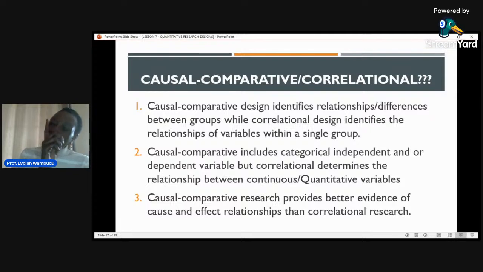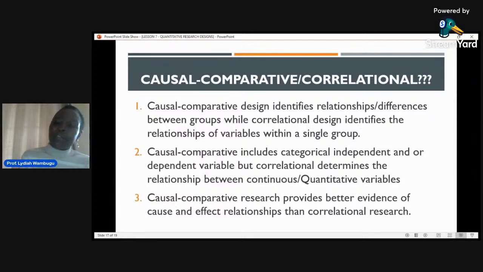So when I go to class A and B to find out the change in the teaching method that is being used, I am trying to find out the relationship or the differences or the cause of the change I can see between groups. But correlational is between variables.